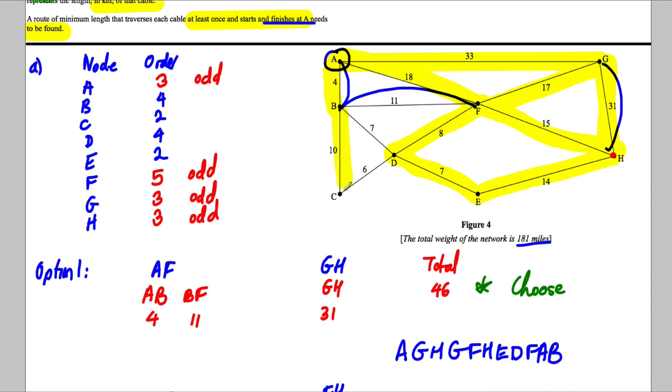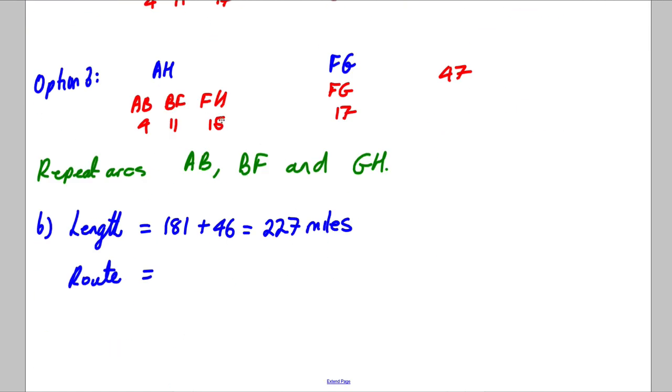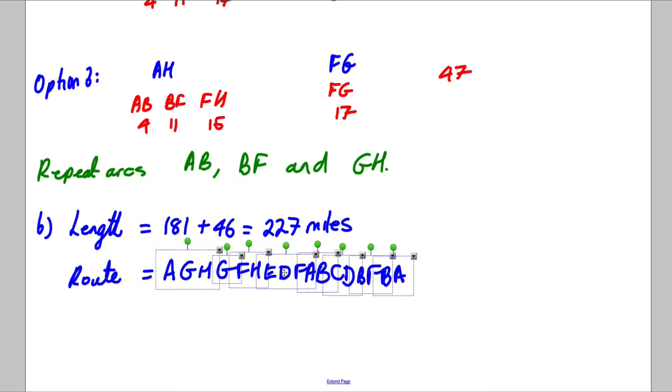I'm going to go C to D. And then I'm going to go B to F. And then I'm going to go to B and then to A, and we're done. And that is my route there. So it was just a case of going through the motions and writing it down as you go along. So I'm going to copy it and paste it here, and you state your route there.